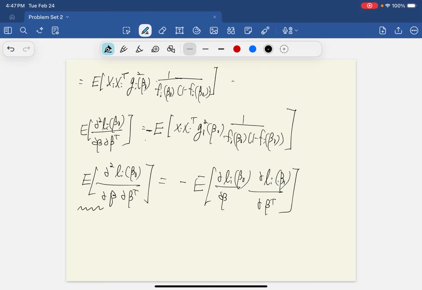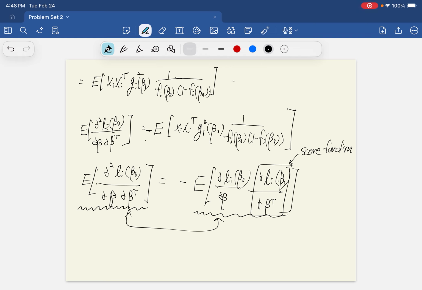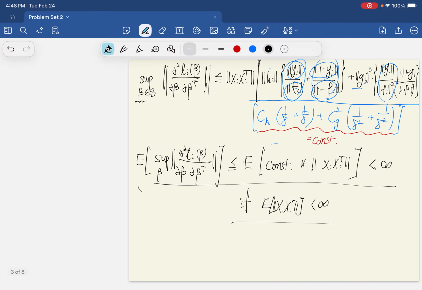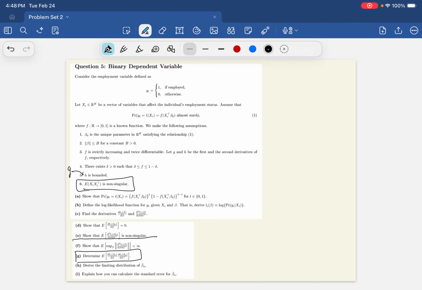So the expectation of the second order derivative of the log likelihood function equals minus the variance of the first order derivative. In the maximum likelihood literature, we call this the score function, and this is the Fisher information. Later, its inverse becomes the variance of the maximum likelihood estimator. So this is just a special case of maximum likelihood for a binary variable, and we have done this one.